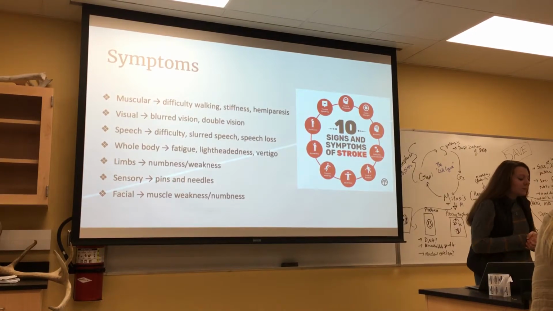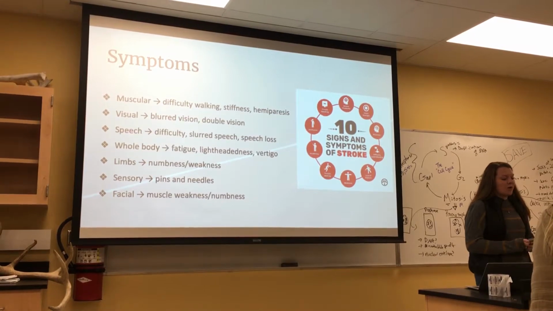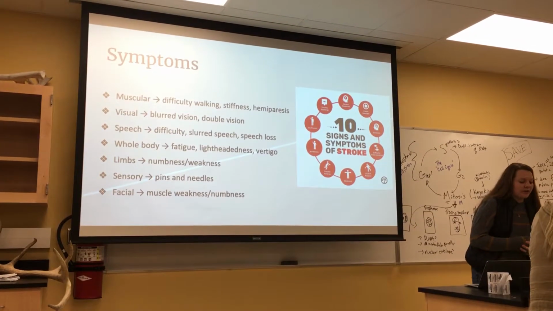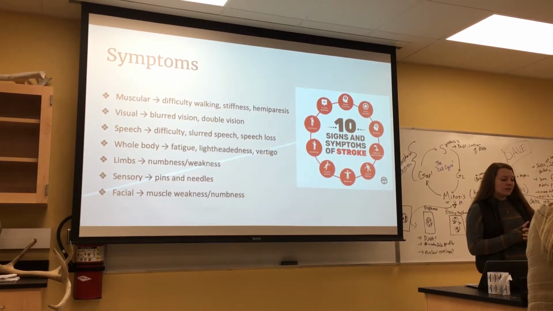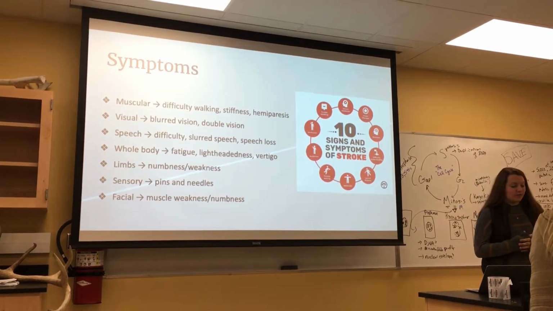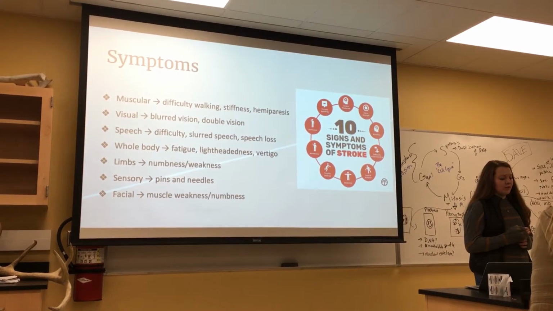Okay, here we go. The main symptoms of stroke include trouble walking, speaking and understanding, as well as paralysis or numbness of the face, arm, or leg. So parts all over the body are affected when one might be having a stroke. The individual will have symptoms affecting their muscular movement, such as instability, stiffness, and hemiparesis, which is paralysis of one side of the body. They might also experience blurred vision, double vision, or sudden vision loss.